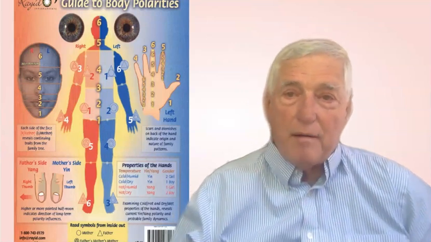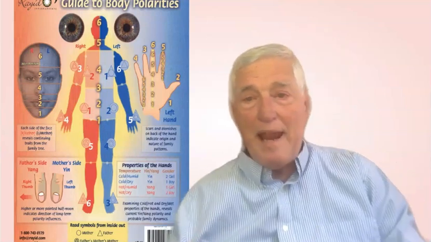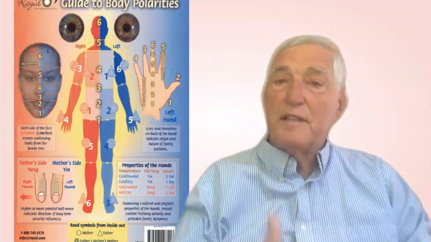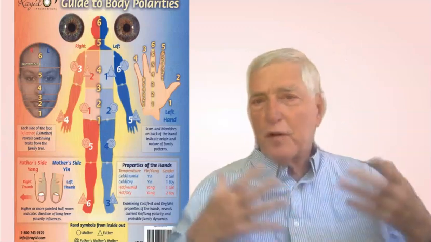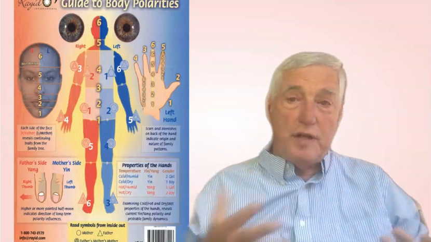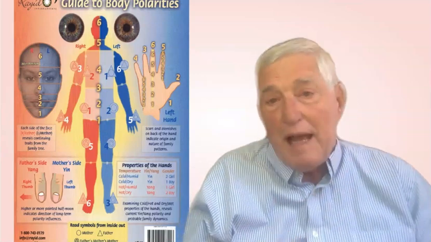It's all there. So if you have a pain on your left side, your first idea would be to go to the mother's side of the family, and that would be correct.